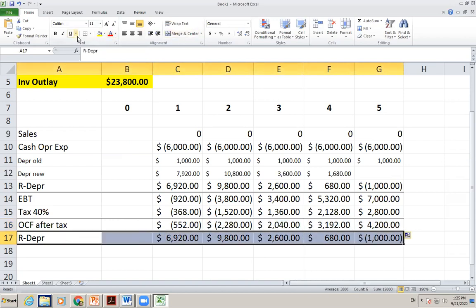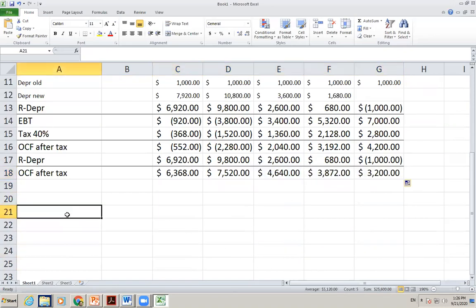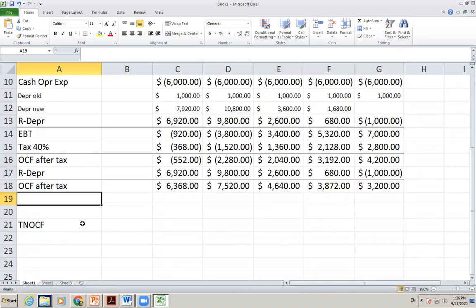And then we get final operating cash flow, cash flows after tax. Okay, now we can calculate terminal non-operating cash flow. So before calculating the terminal non-operating cash flow, do you have any questions?